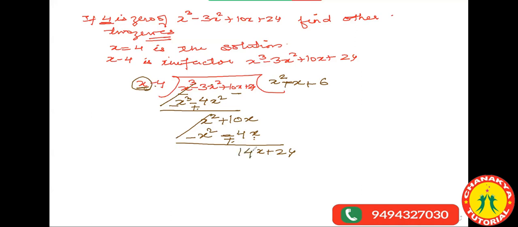So it is not completely divisible. Plus 24 is there or minus 24? Just check once. Ma'am, plus 24. And plus 10 is there. No, ma'am, not plus, minus 10x is there.